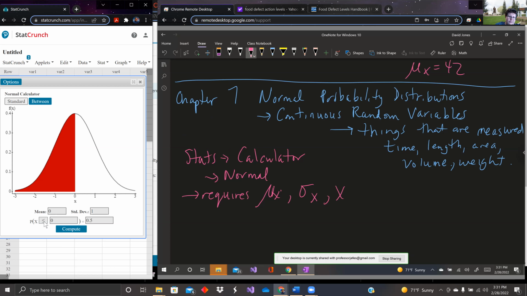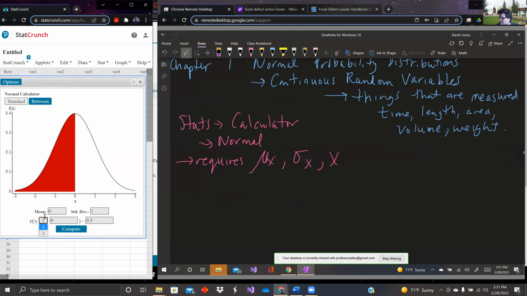I want you to note that our drop-down menu only has two symbols, less than or equal to or greater than or equal to. For continuous data, or for continuous distributions, the probability that X equals a specific value is 0.